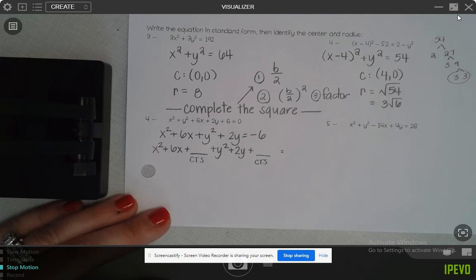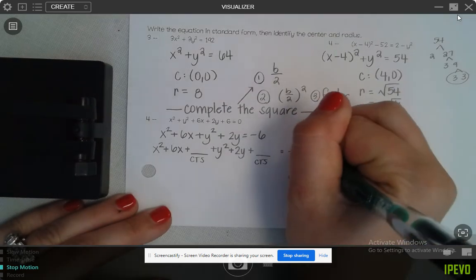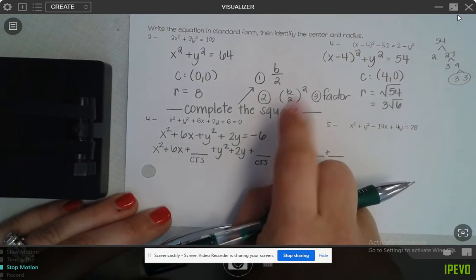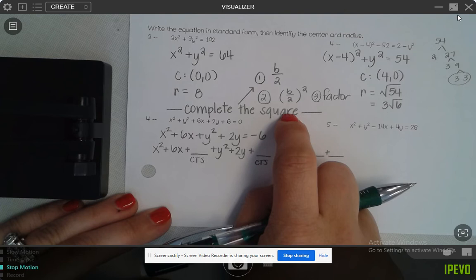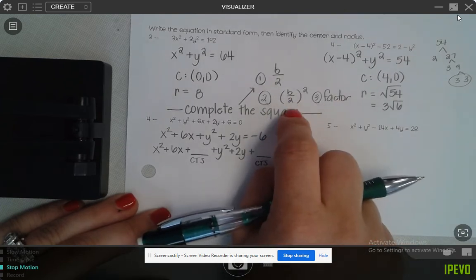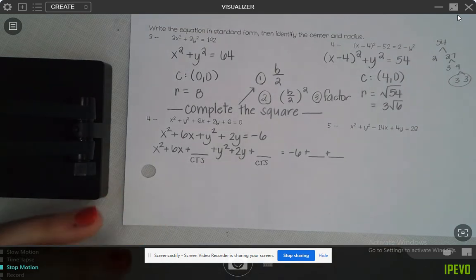Okay? Now, whenever you square something, is it always positive? Don't worry about this. I'm going to explain it. Whenever you square something, is it always positive? Yes. So should you ever be subtracting anything? So make sure you're paying attention to that.